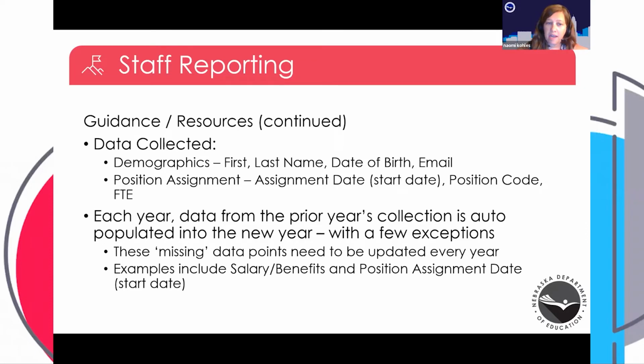The position assignment information that we collect is related to the position the person is working, could be multiples, the start date, which we call the assignment date, and also things like FTE, which ranges. You could have a full-time person at 100 or someone at various FTEs reporting at multiple assignments.